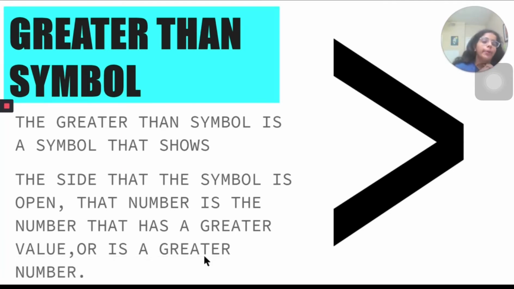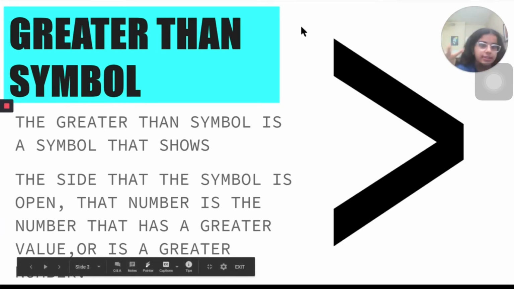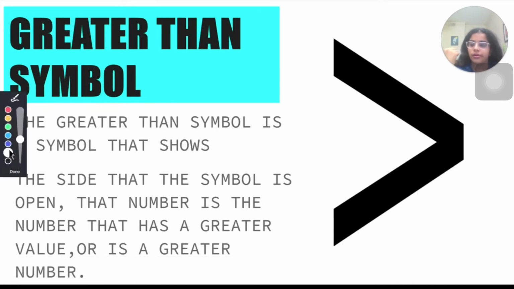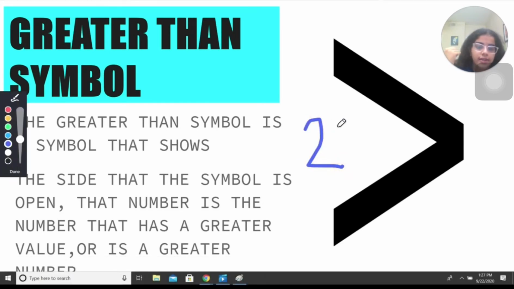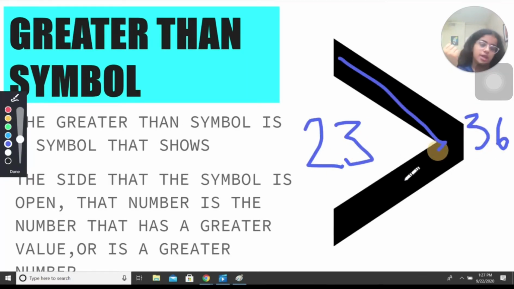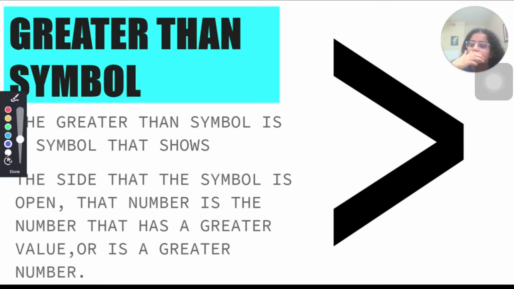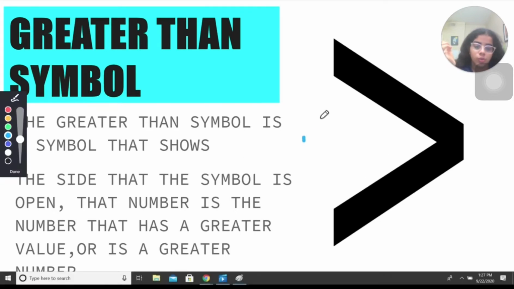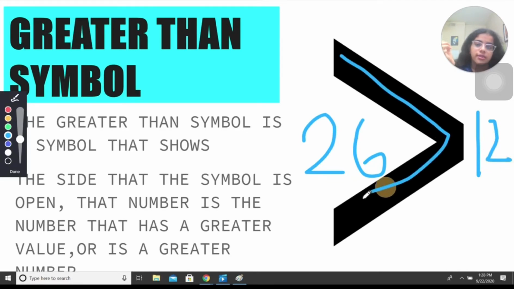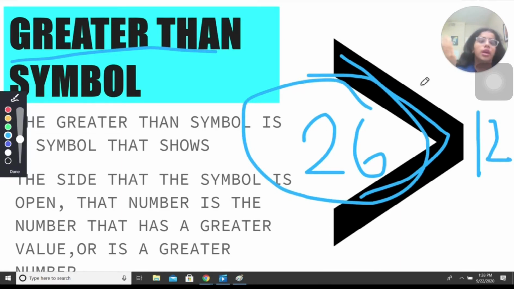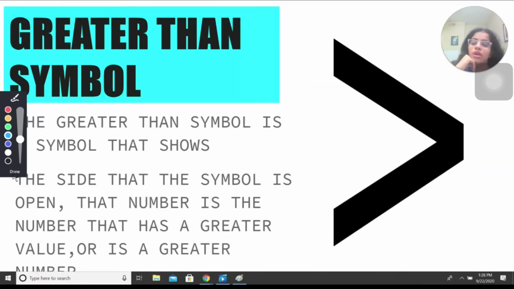So if there is 26 and 12 over here, then since the symbol opens this way, we're getting a greater than symbol because this side is greater. That's basically what it means.